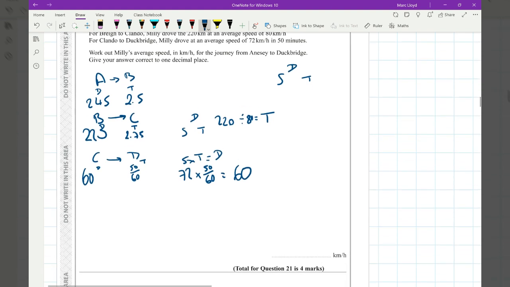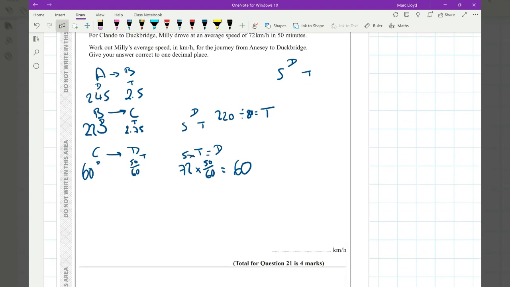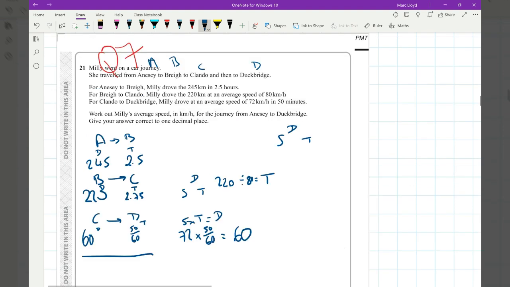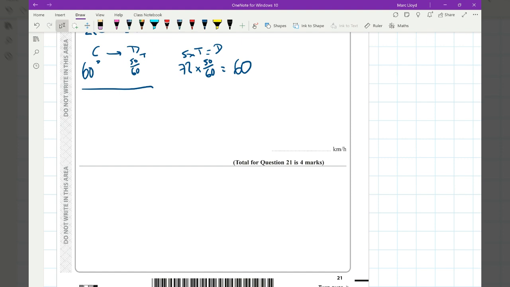Now our total distance, so we've got to add all of these up. 245 plus 220, my handwriting's terrible, plus 60, so the total distance travelled is 525.